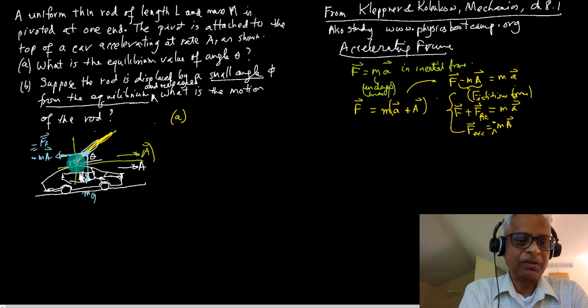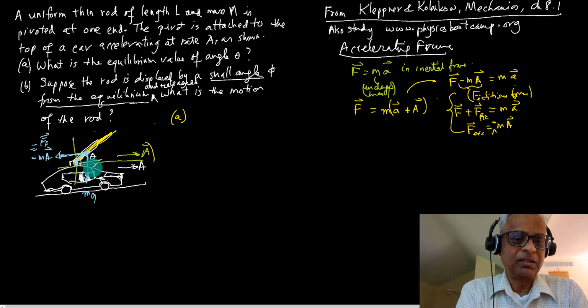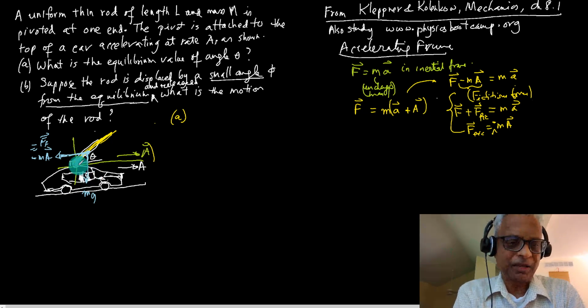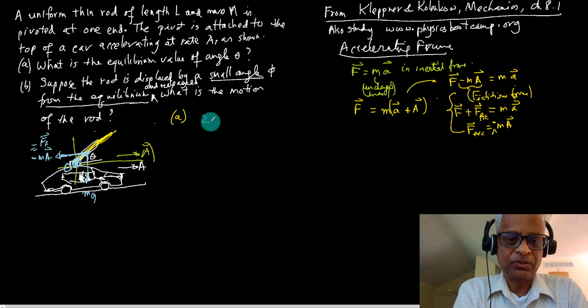Now this is the pivot point, and there are forces over here at the pivot point. We don't need to know the forces. If I want the torque about point O, the net torque about O will be 0.